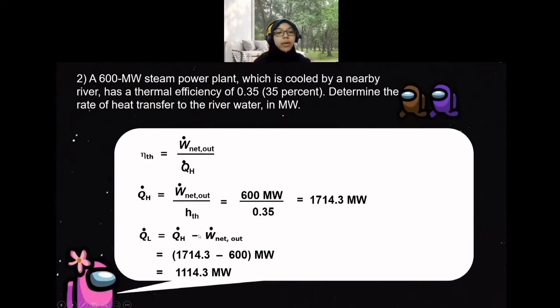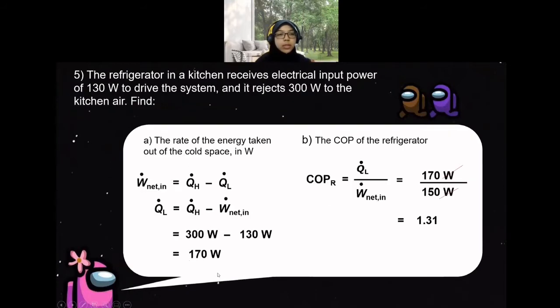After that, we can find the value Q dot L. We use the Q dot L formula. Q dot L equal to Q dot H minus W dot out. So we insert the value inside the Q dot L formula, 1714.3 minus 600 megawatt. So we got the value Q dot L 1114.3 megawatt.